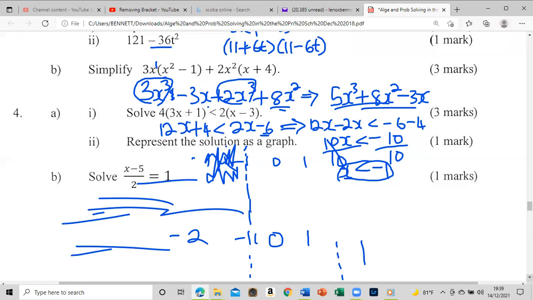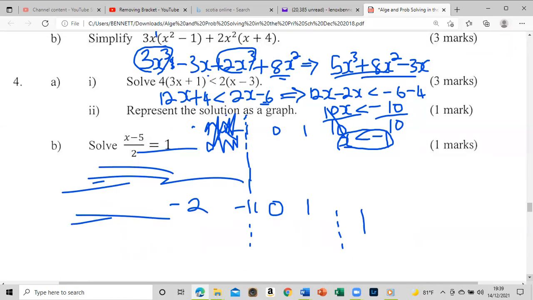All right. x minus 5, divided by 2, is equal to 1. You don't have to work that out. Just think about it. Listen to this. Which number, when you minus 5 from it, divide it by 2, you get 1?